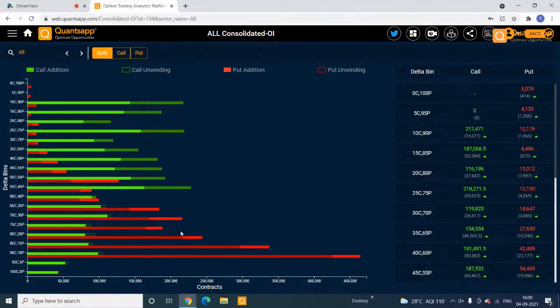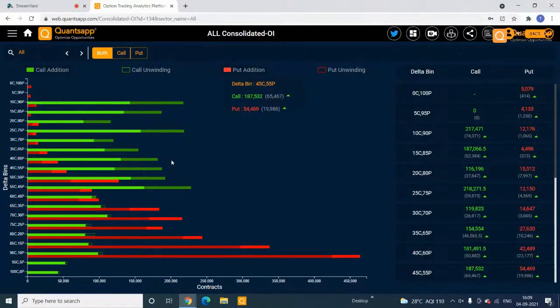All your concepts of in the money, ITM, OTM come in handy. Your concept of delta comes in handy, and not to forget your concept of option band. So this particular product is the summary of all of these activities.